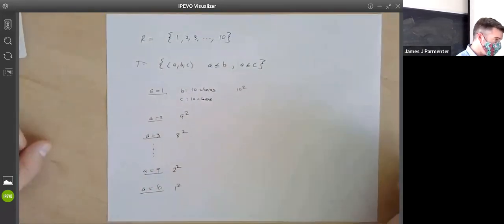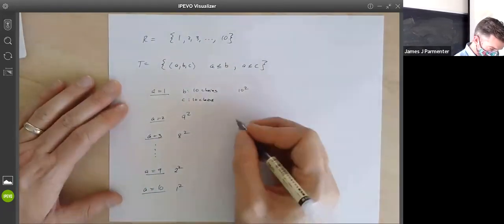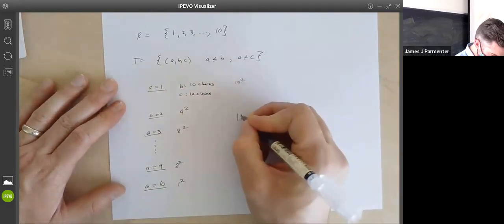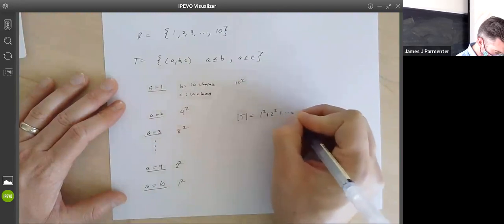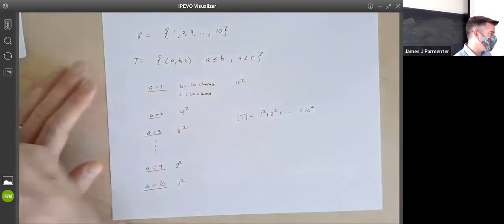The other two are both 10. So here, our answer would be that the size of T is 1 squared plus 2 squared plus all the way to 10 squared.